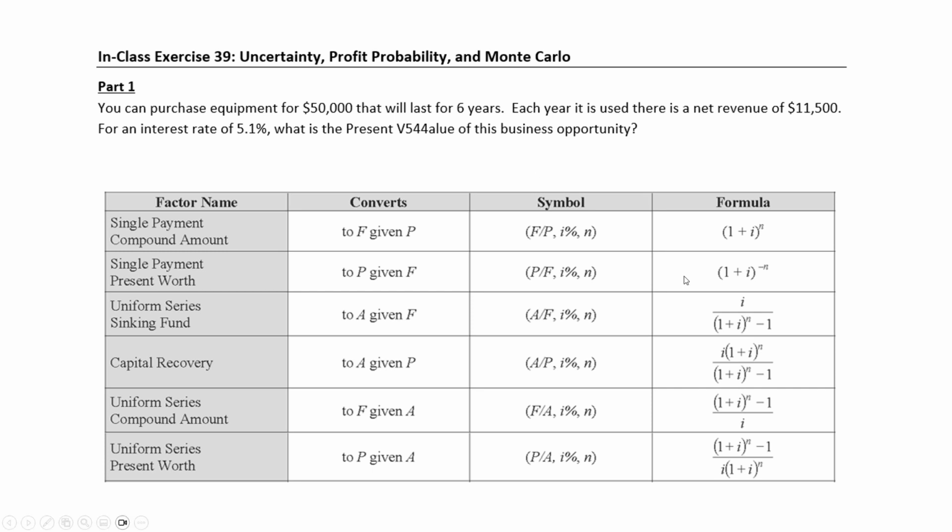If we don't have any uncertainty whatsoever of the cost of the equipment, how long it'll last, the revenue, or the interest rate. With everything fixed, just to set the stage, let's do this part one.